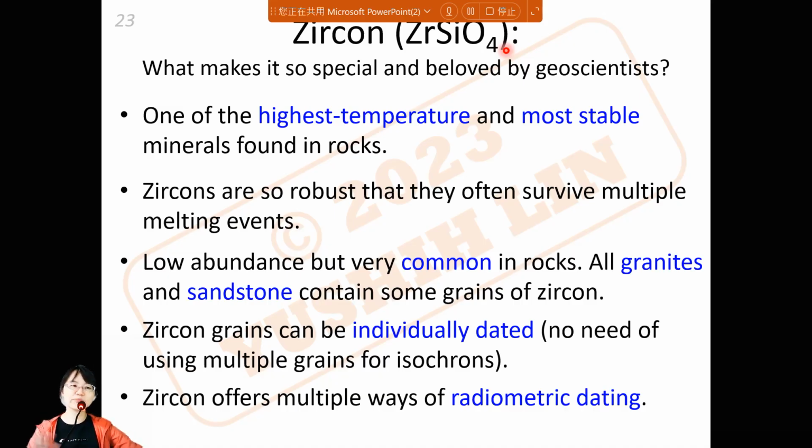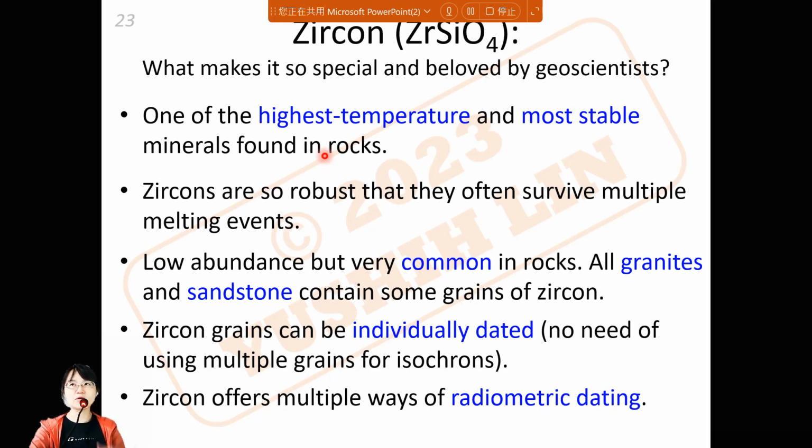Zircon is so beloved by geoscientists. Why? Below are the special things about zircon. It is one of the highest temperature and most stable minerals found in rocks. That means because they are high temperature mineral, they are resistant to melting event. And we already talked about this in the course of radioactive dating.